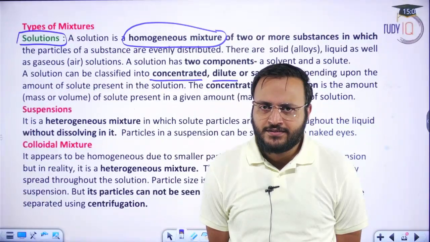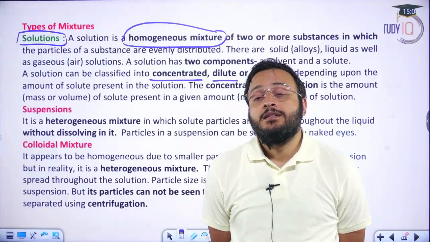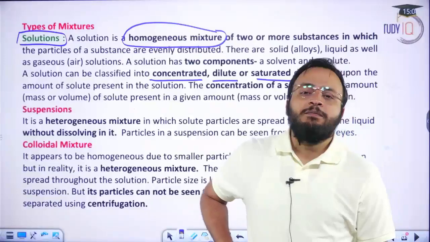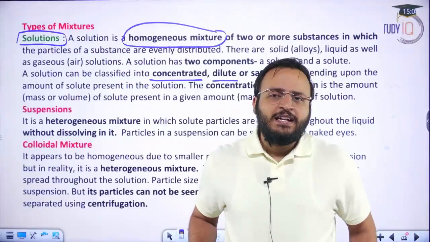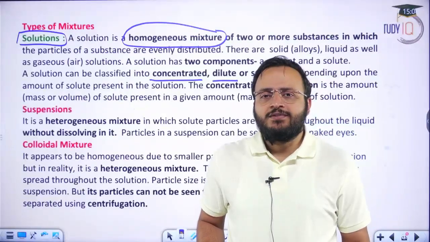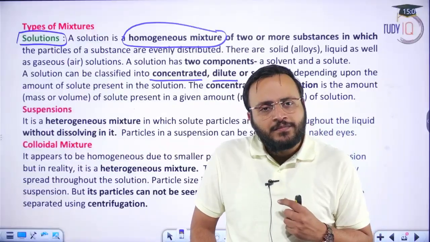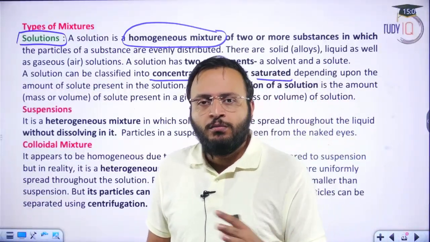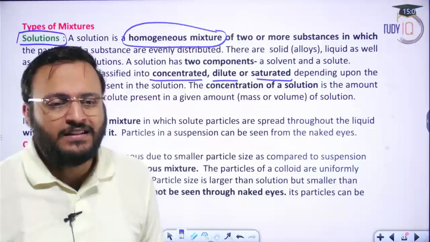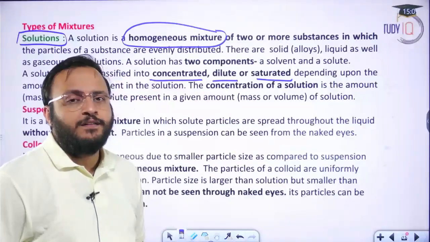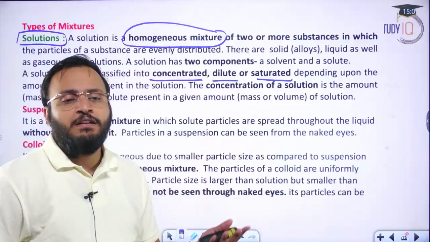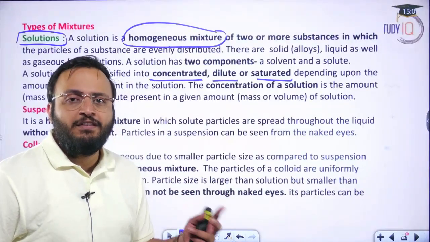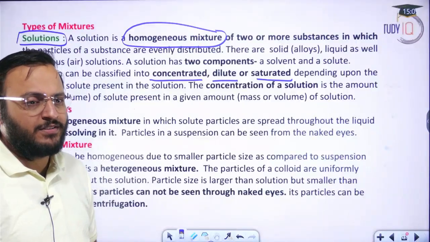Everybody knows that. But if you keep heating it, it again starts dissolving. But after some time, despite heating, no more sugar can be dissolved in this water. The entire water is already converted into sugar solution. It will be crystallizing.